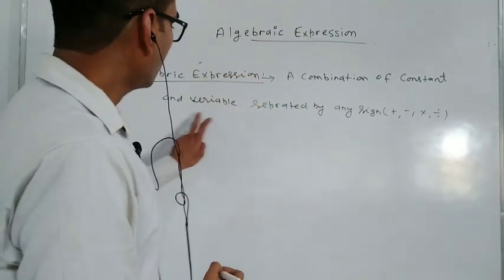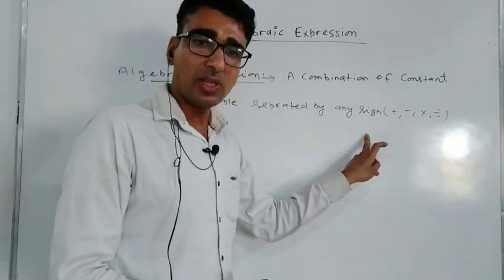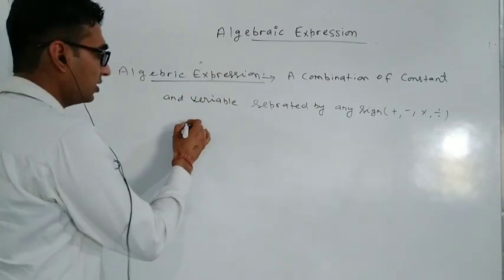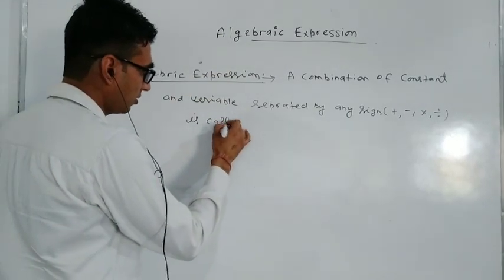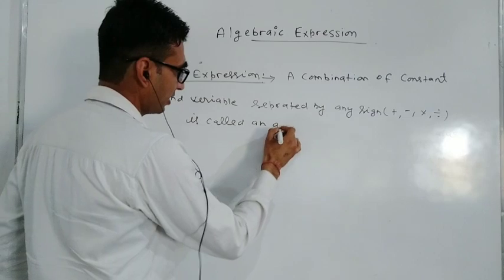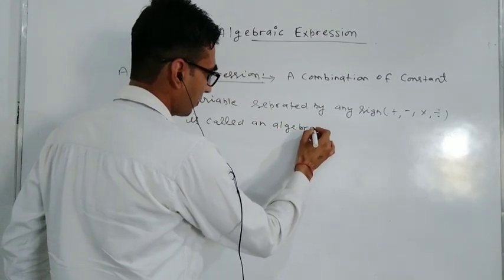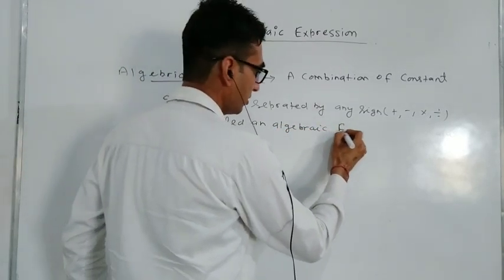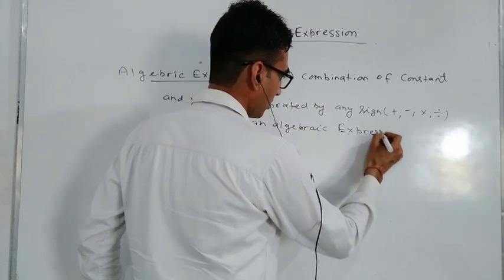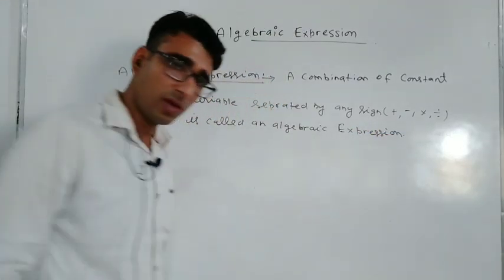A combination of constant and variable separated by any sign is called an algebraic expression. Okay, beta.